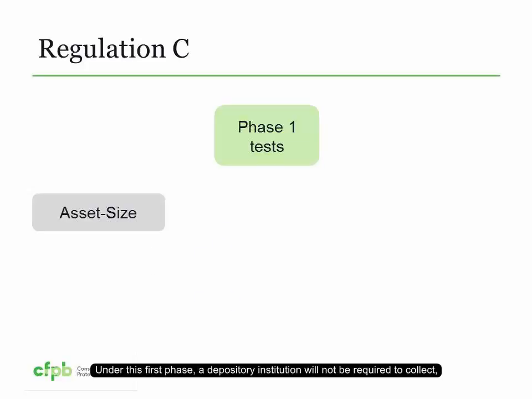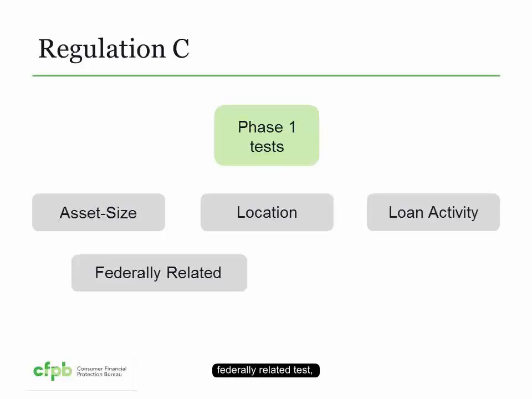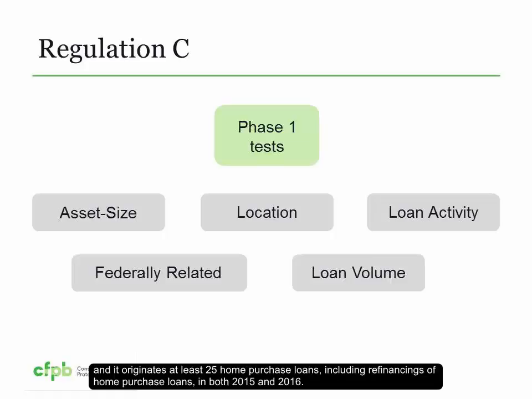Under this first phase, a depository institution will not be required to collect, record, and report HMDA data unless it meets the asset size tests, location tests, loan activity tests, federally related tests, and it originates at least 25 home purchase loans, including refinancings of home purchase loans, in both 2015 and 2016.